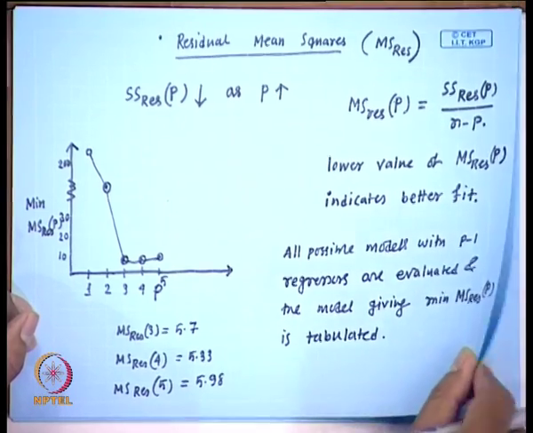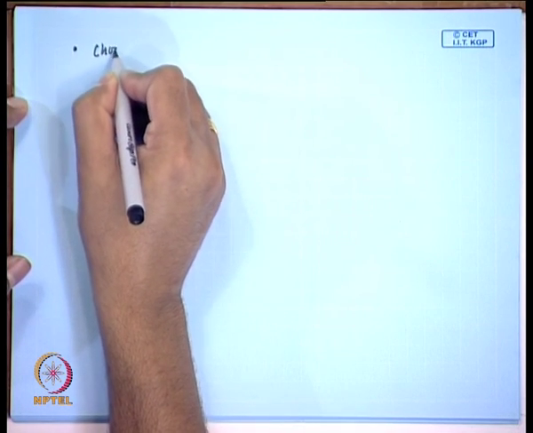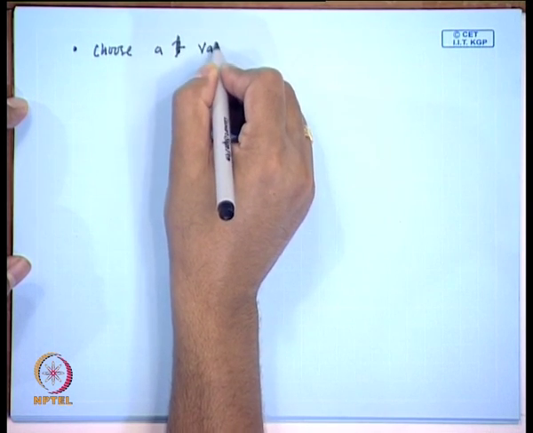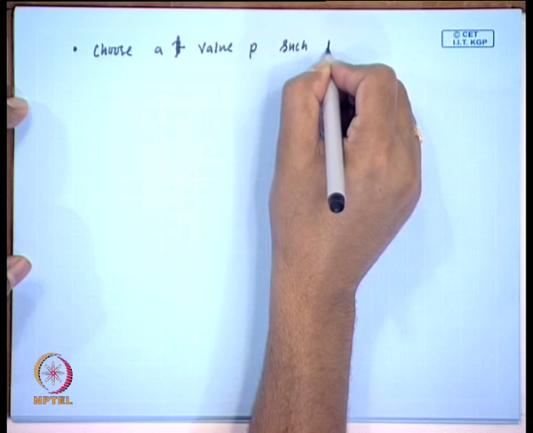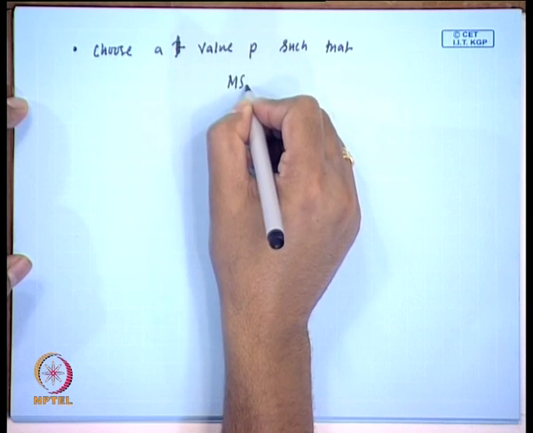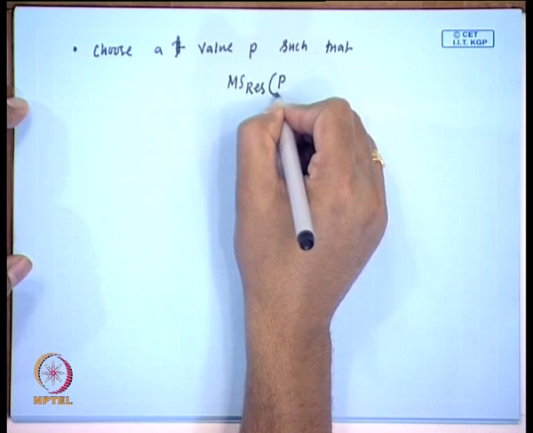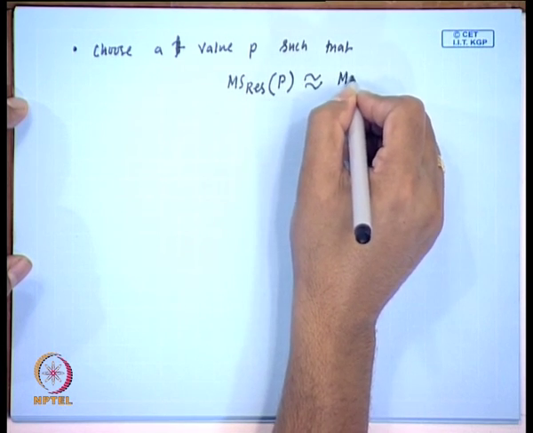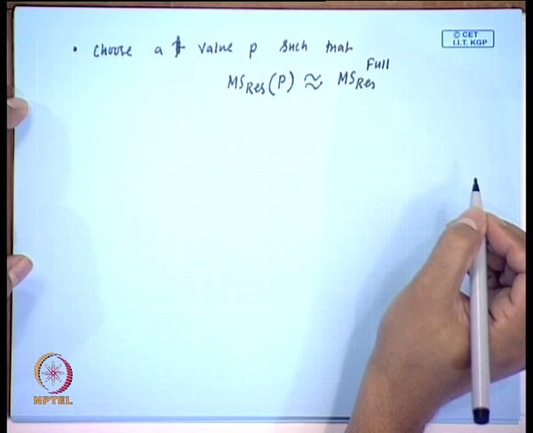Well, so what we do here, we choose a value p such that MS residual p is almost equal to the MS residual for the full model. Okay.